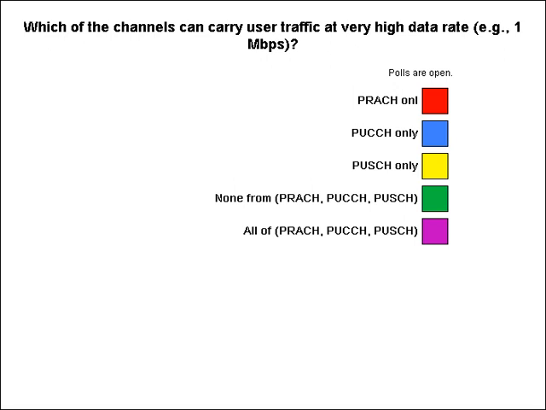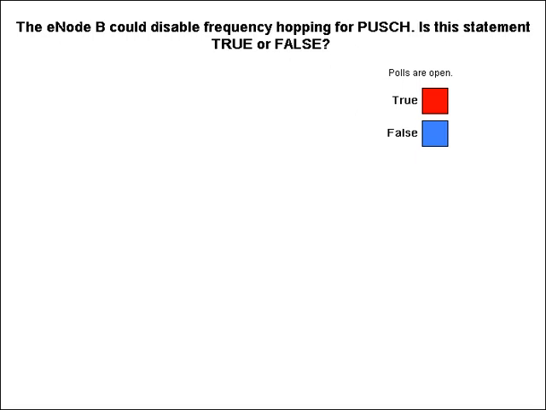Do you think you will need around that? Uplink shared channel, traffic, signaling, control, everything can go on that. Thank you for your participation. Uplink shared channel, that's the one that we have for high-speed traffic.